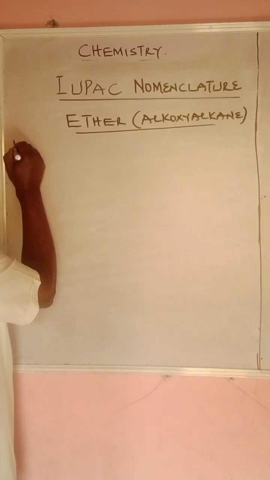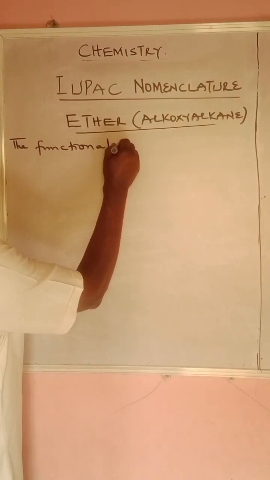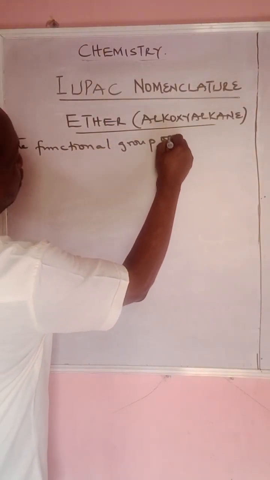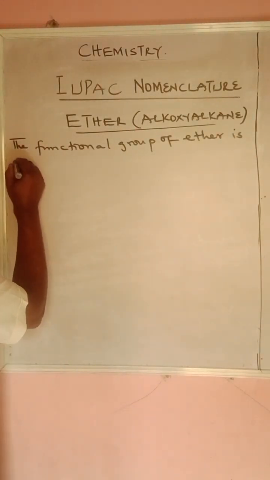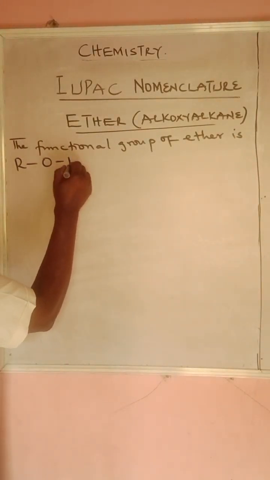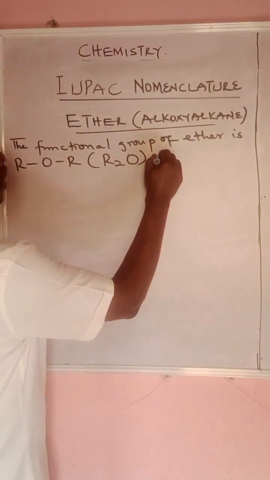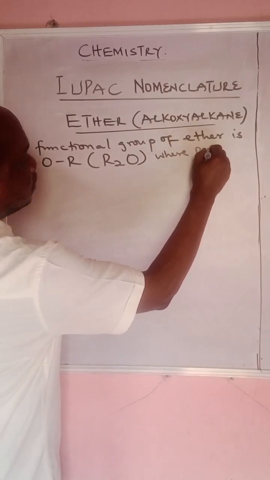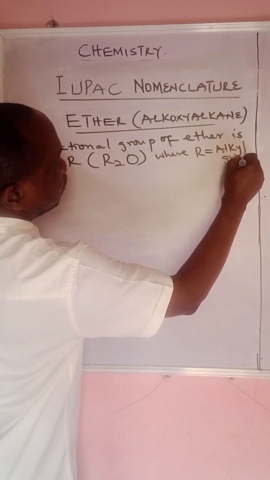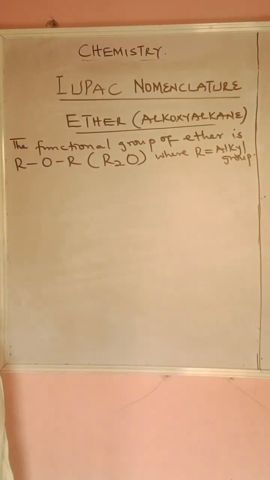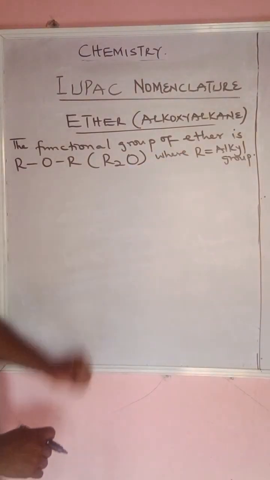The functional group of ether is ROR, which is written as R2O, where R equals an alkyl group. You still remember? E.g. methyl, ethyl, propyl, etc. It is derived from alkane.